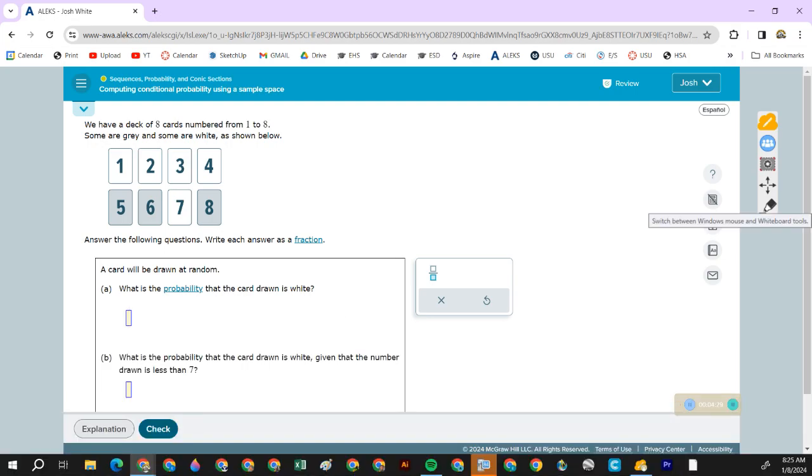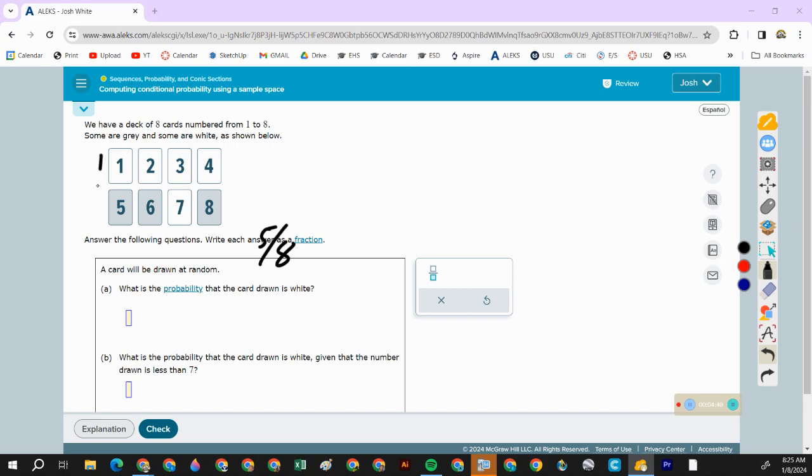What is the probability of drawing white? So that would be 5 out of 8. What is the probability of white given that the number is less than 7? So again, I'm only looking at these. That would be 4 out of 6, which is 2/3.